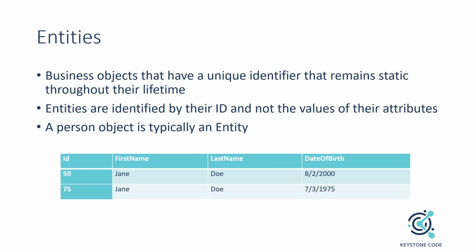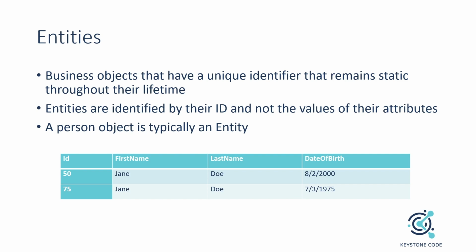We just had two people called first name, last name, Jane Doe. How do we know if they're actually the same person or not? Well, we can't just compare the first name and the last name because there is more than one person on the planet that shares names. It's the ID that we use, a traditional primary key generated by the system, to differentiate whether or not they're actually the same, right?